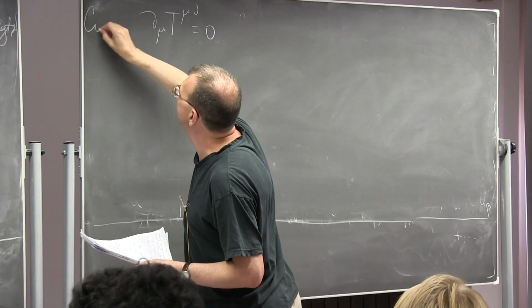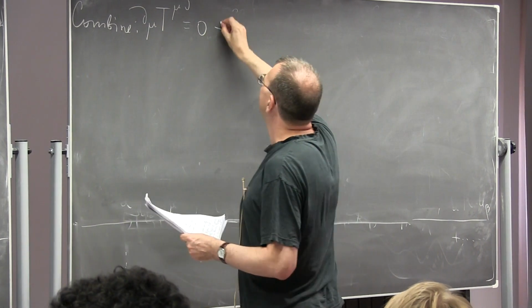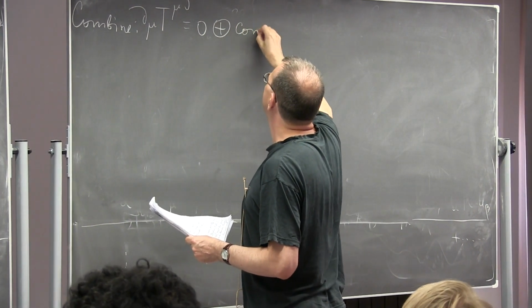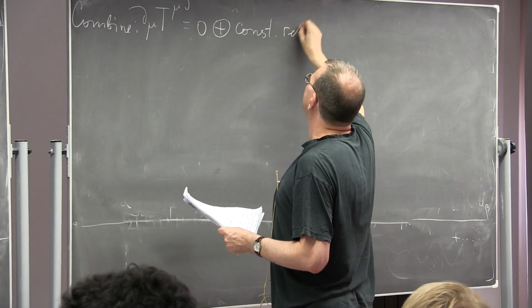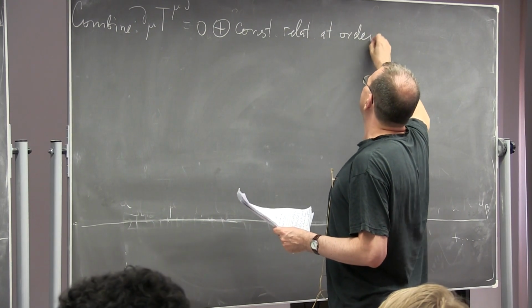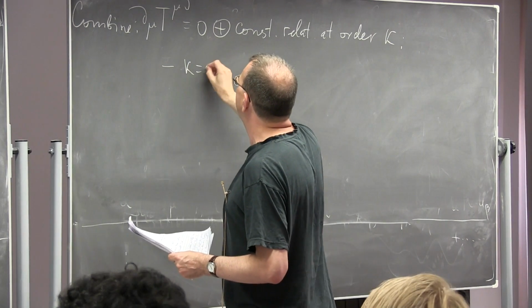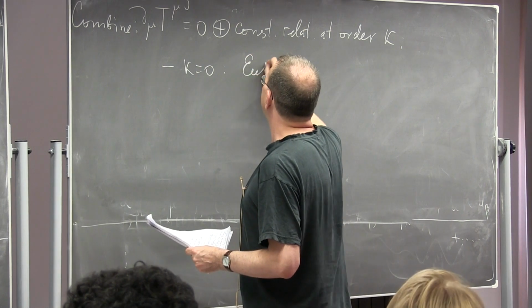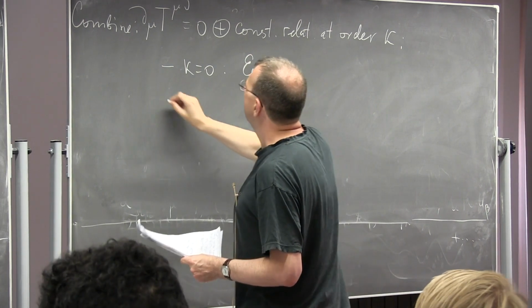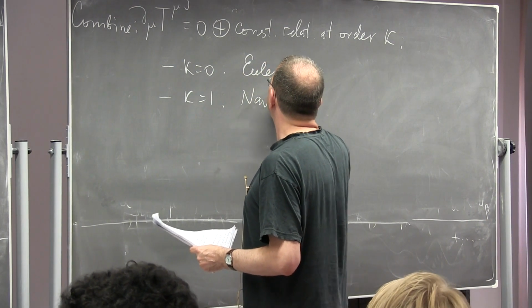Combining the conservation law plus constitutive relation at order k, for k equals 0 you get the Euler equation. For k equal 1, you get Navier-Stokes.